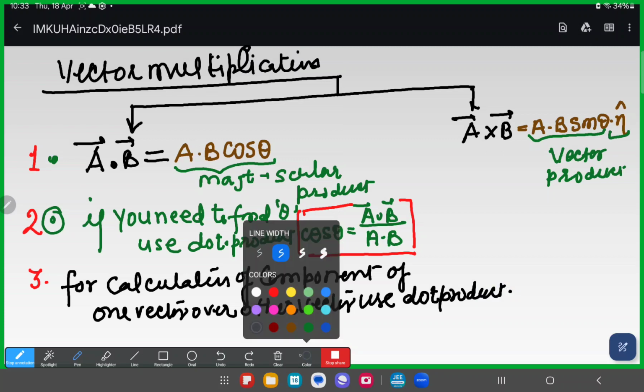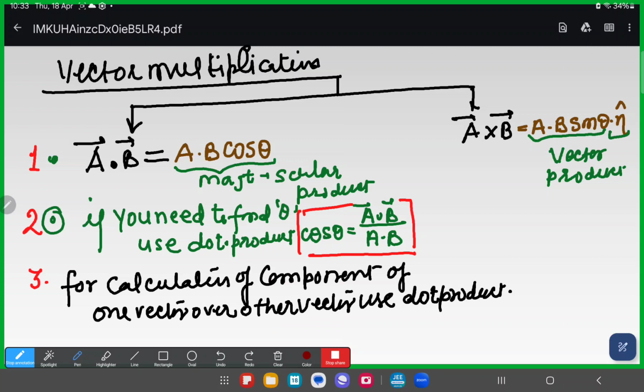This point is important for making components. Component is also called a resolution of one vector along the xyz axes, but in your examination they may ask to calculate the component of one vector over another. In that case we will use the dot product. We will see how to calculate. So these are the three important points.